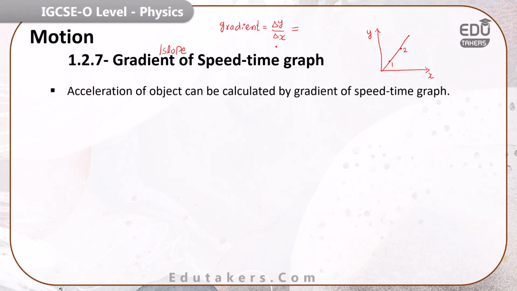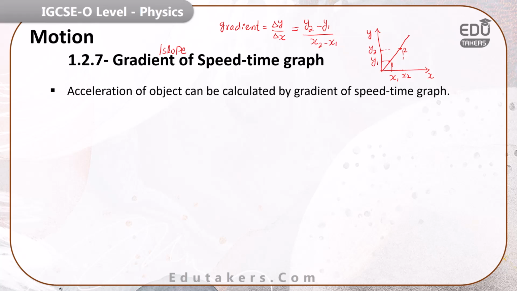Delta y is the change in y, which is y2 minus y1, the value of y at point 2 minus the value of y at the first point. Similarly for the x-axis, x1 and x2, so it is divided by change in x, which is x2 minus x1.